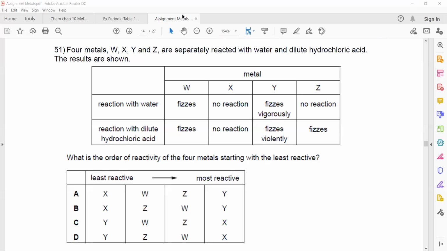Yes, B is the right answer. First, you can conclude that X is not reacting, so X should be the least reactive. So either A or B can be the answer.